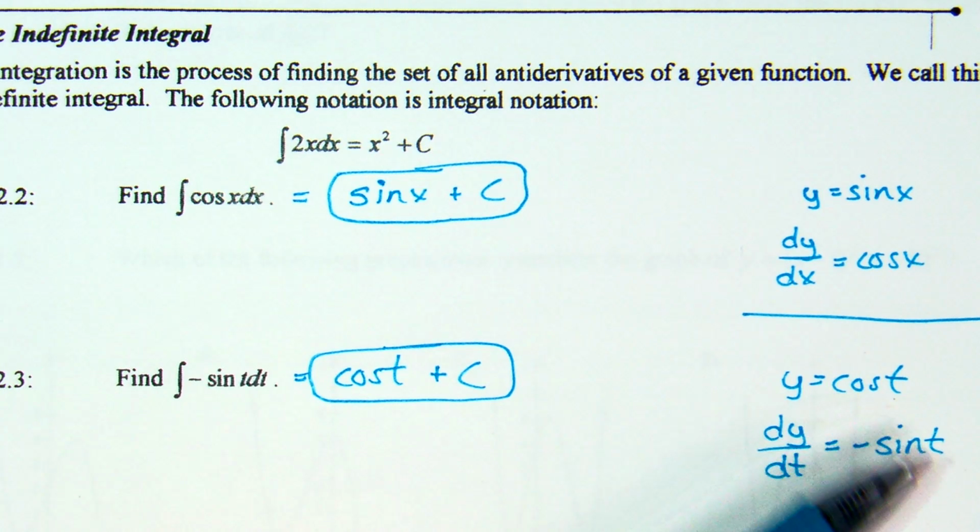Okay, so like if I asked for instead the integral of just sine x dx. If I ask for the integral of sine x dx, well, that is cosine, but that is one that would have to be negative, because you have to switch that sign around.